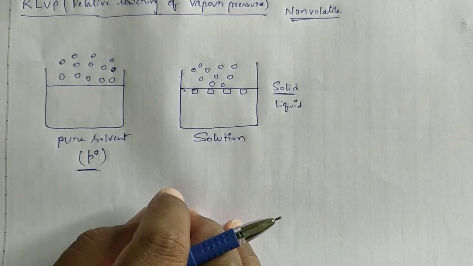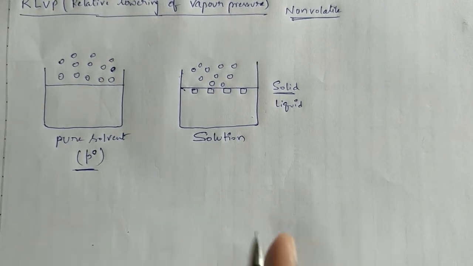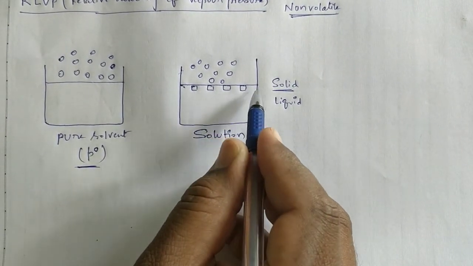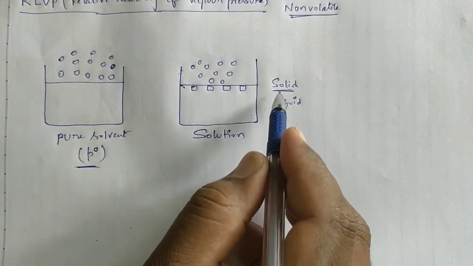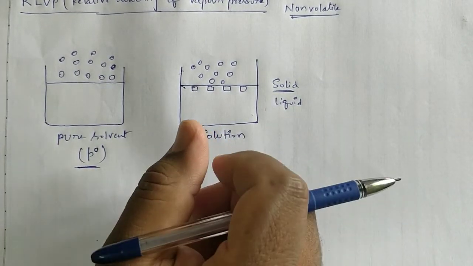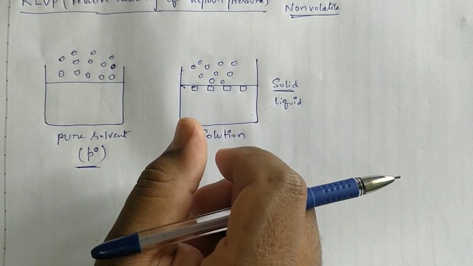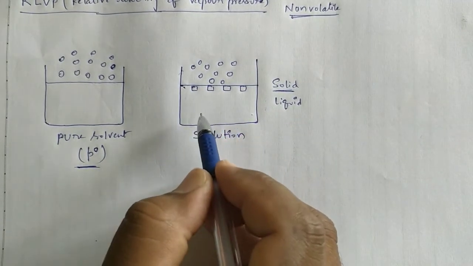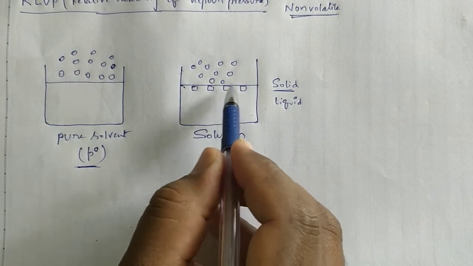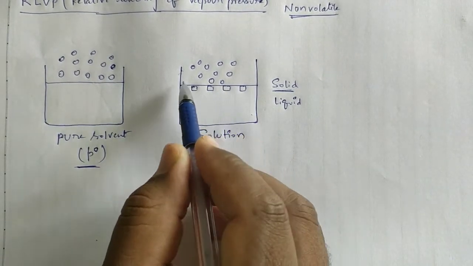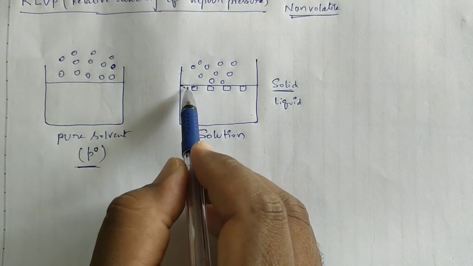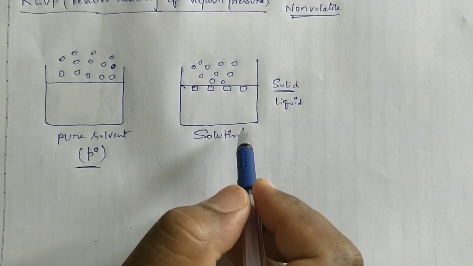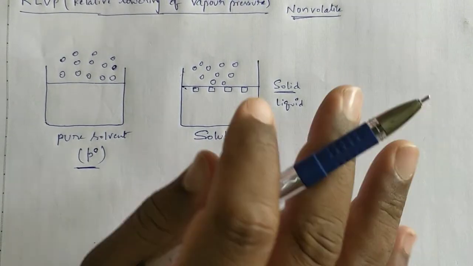If it is a homogeneous solution, definitely the solid particles are uniformly distributed throughout the liquid. Then only it becomes a solid-liquid solution. Already we discussed that in this chapter, whatever solutions we are discussing are all true solutions only. Solid particles are present on the surface, middle and bottom. Everywhere solid particles are present. Okay, that is clear.